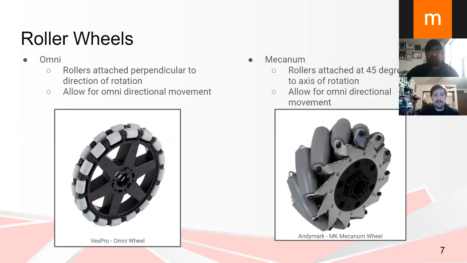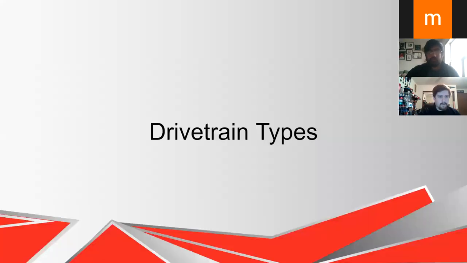The other ones are mecanums, where the rollers are at 45, and those types of wheels will allow for omnidirectional movement when turned in the proper way. We'll go a little bit more into how that is done when we get to drivetrain types. So I think that's everything for wheels.